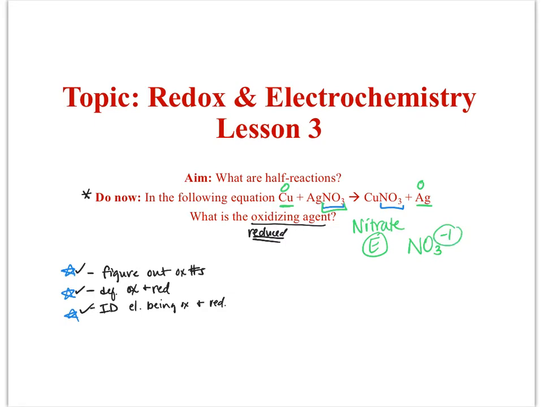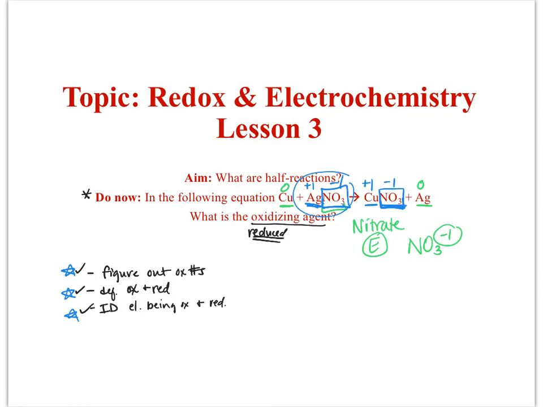So because this nitrate unit has a -1 charge, and there's one of that unit, that means that the silver has to have a +1 charge because there's one of it, and that whole thing has to add up to 0. On the right-hand side, the nitrate's still there. That's still going to be a -1 for that unit, and there's one of it. So that means the copper is going to be a +1.